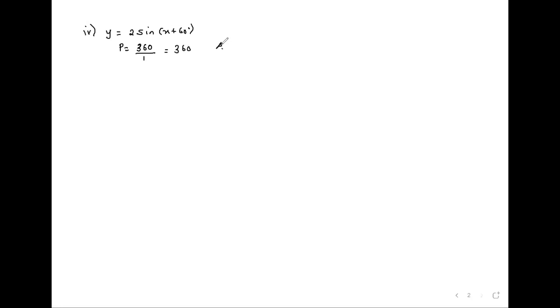The amplitude is the modulus of 2, which is just positive 2. The horizontal shift, which is x plus 60 is equal to 0, gives us x is equal to negative 60 degrees. And then the vertical shift is 0.